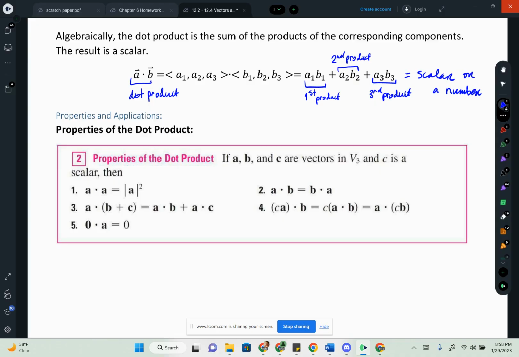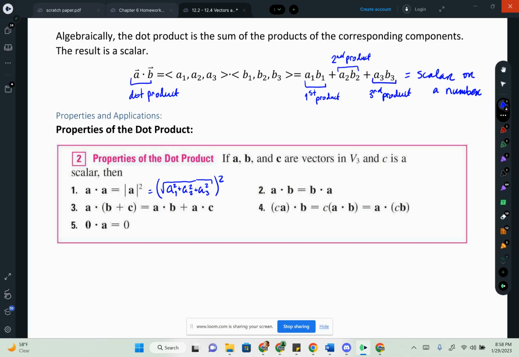Remember, the magnitude is the square root of the components squared, so A1 squared plus A2 squared plus A3 squared. And we're saying that it's the square of the magnitude. Now, if I square that square root, they go away, which just leaves us with the sum of the squares of each of the components.